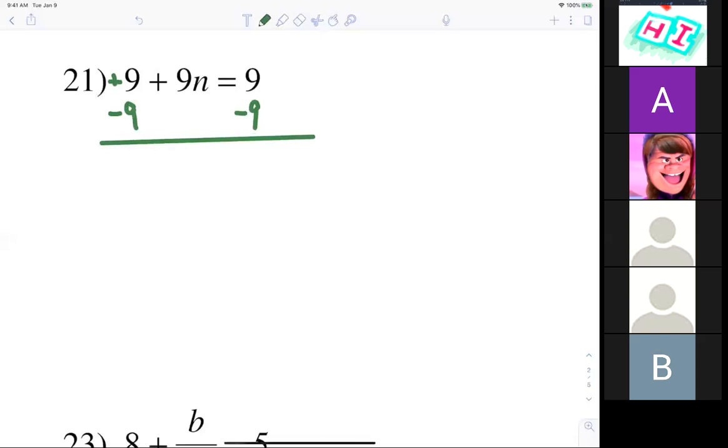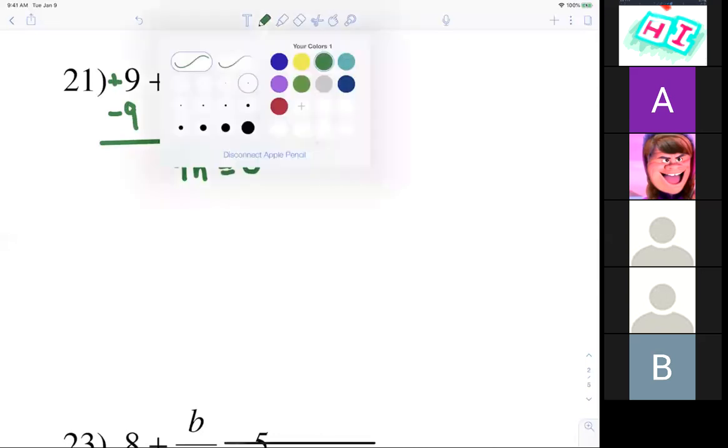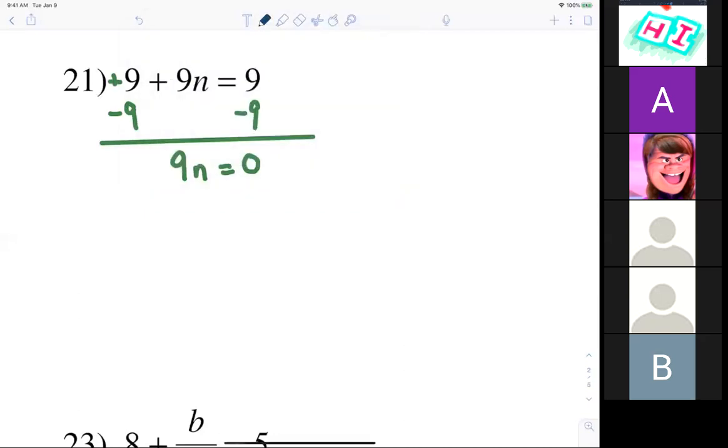So now we have 9n equals 0. Now we undo the multiplying by 9 by dividing by 9. And so n equals what, guys? 0. Yep, n equals 0. Everybody okay with that?